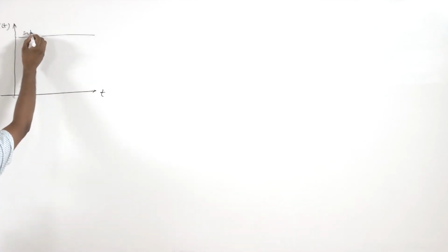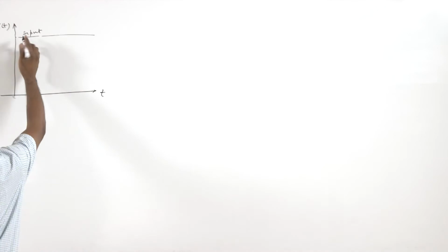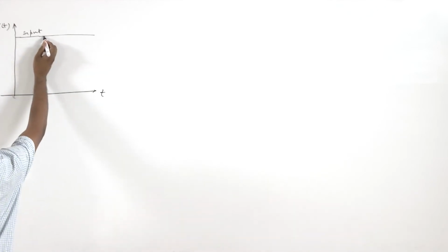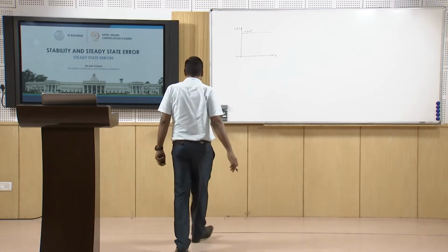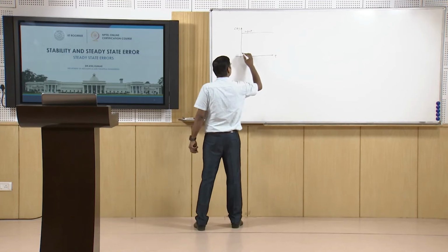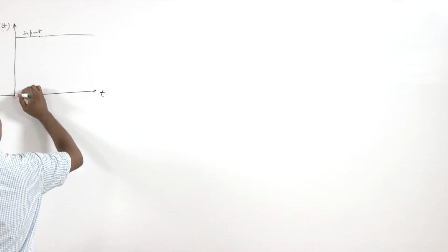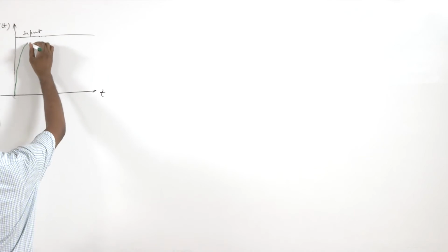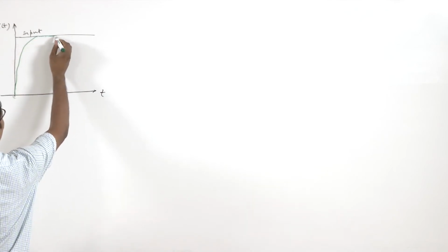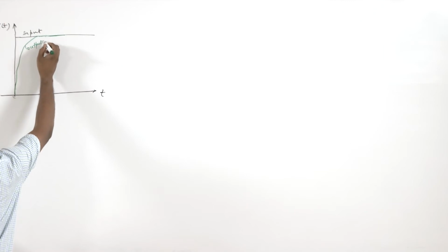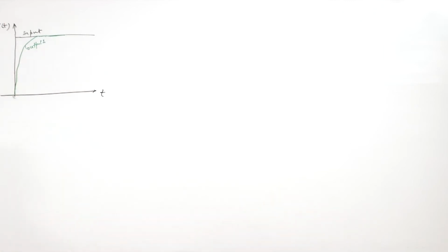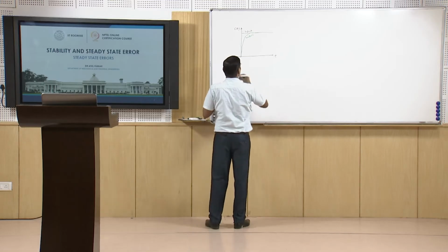This is the input or desired output, that is a step. This is a step input, and we are getting the response of our system. Let's say we are getting this, which is output 1. Now we have another output, output 2.